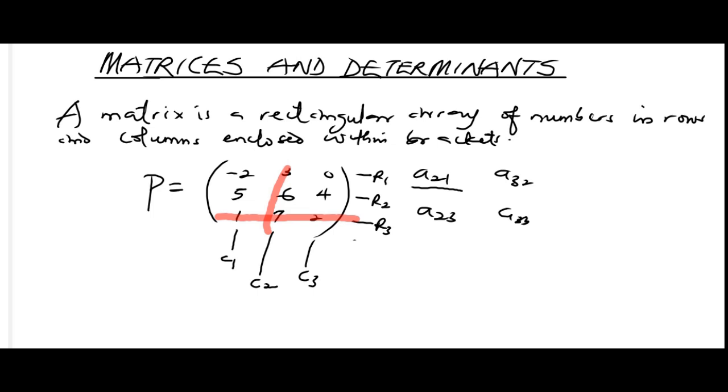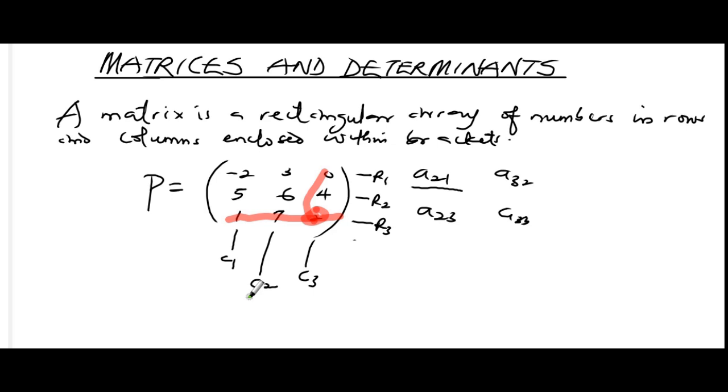A23 simply means second row, third column. So that is 4. A23 is 4. Then we have A33. A33 simply means third row and third column. So that is 2. So this is how to identify elements of matrices.